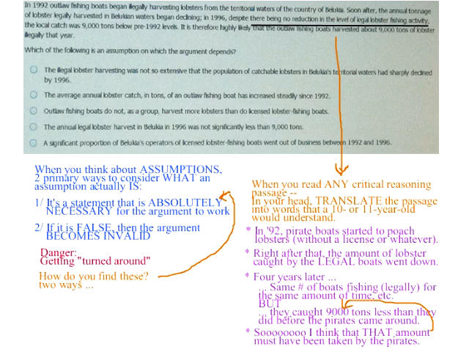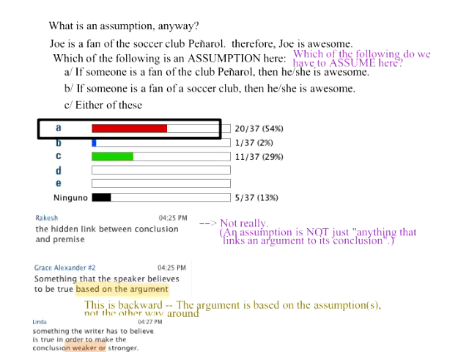The first is if the argument makes a big jump from one topic to another, from one idea to another one, with no justification for making that jump, then you have to assume a connection.